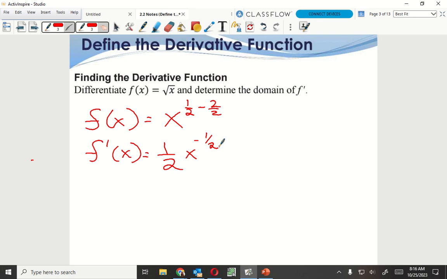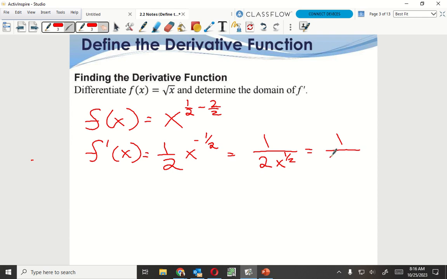So I am going to move my negative exponent here, I'm going to move it to the denominator. So that's going to change it to 1 over 2 times x to the positive 1/2. And then I'm going to rewrite it, so instead of having my exponent as 1/2, I'm going to rewrite it as a radical.